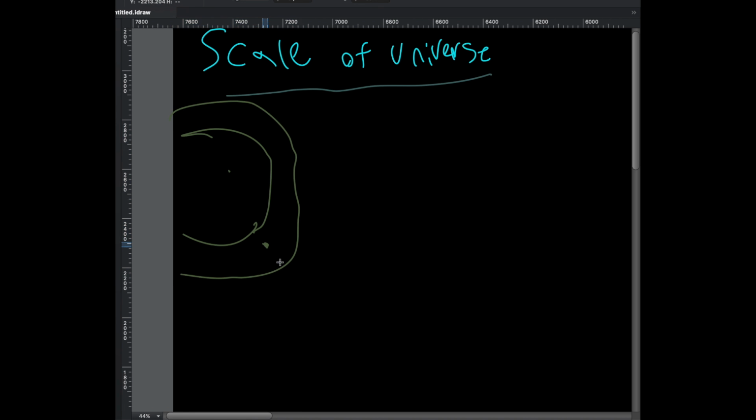Pluto. That's the average. And the Oort cloud would be, let's see here, approximately 4 and 2/5 away, same as Pluto.